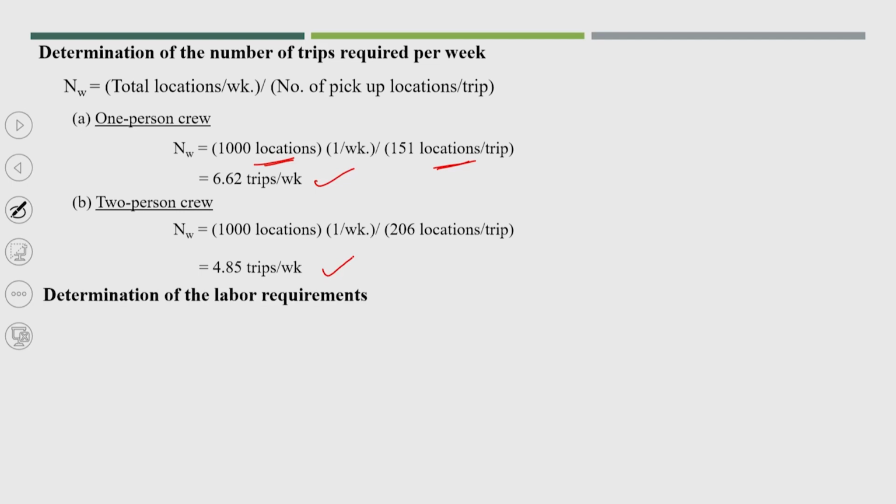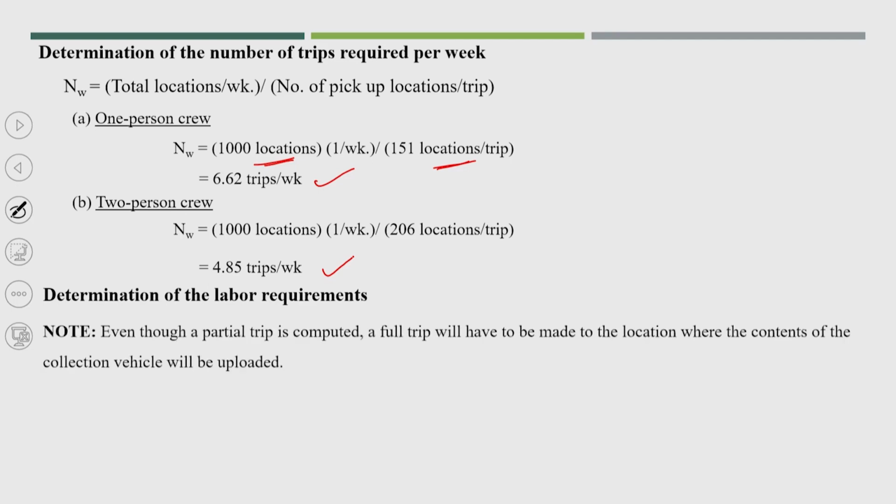Now, determination of the labor requirement, that means how much time will be required, and here also one important note: even though the partial trip is computed, because it is not possible to have 0.62, this should be a single whole value.